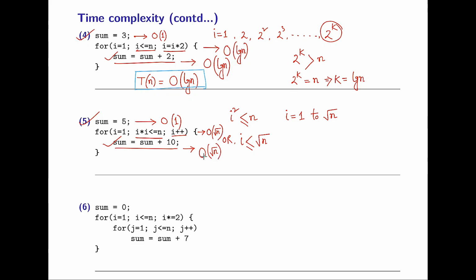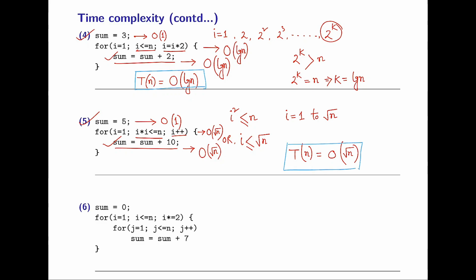One less than that, in that way we have seen earlier, but I am writing in terms of big O. So do not get confused with those things. Okay. So what is the time complexity? So time complexity for this question number 5, T(n) equal to big O square root of n. So this is our answer here.